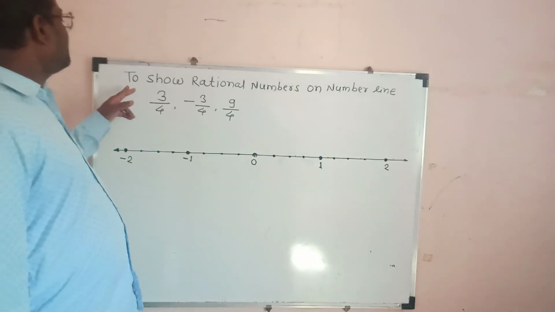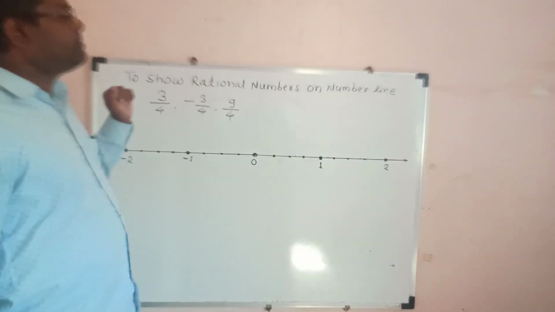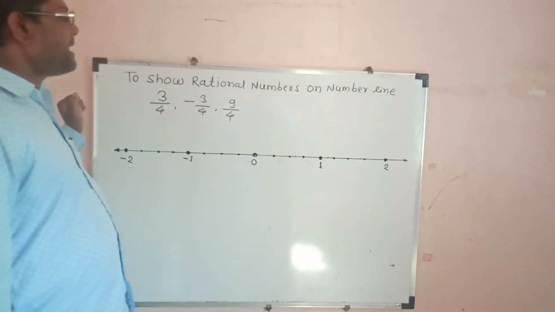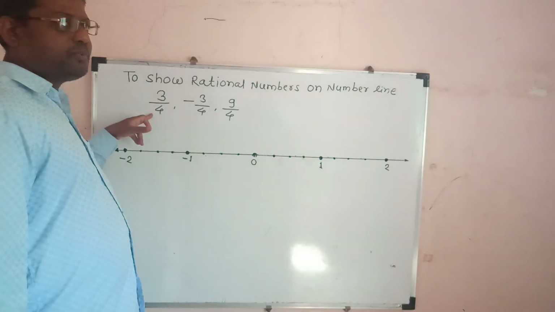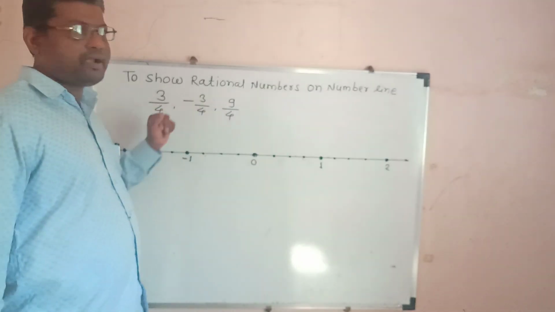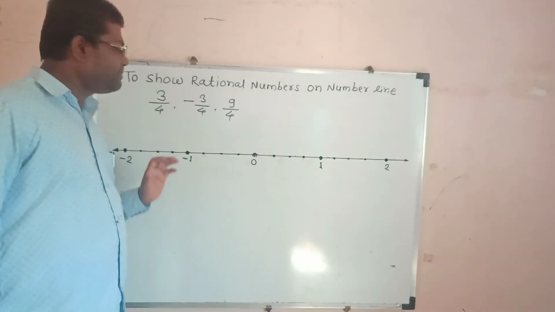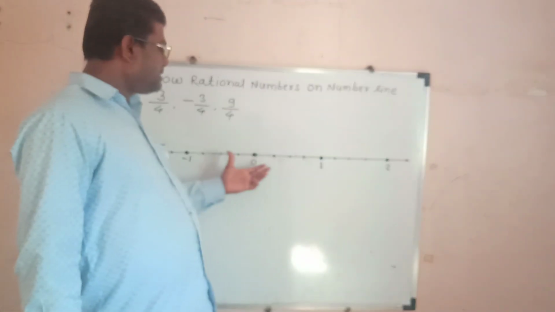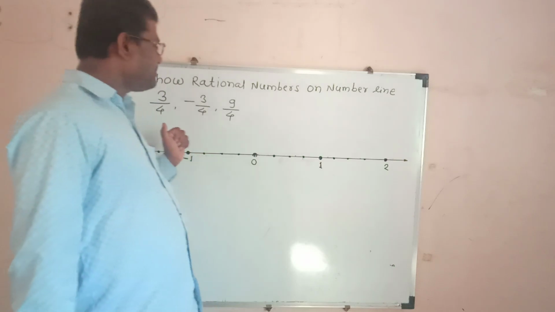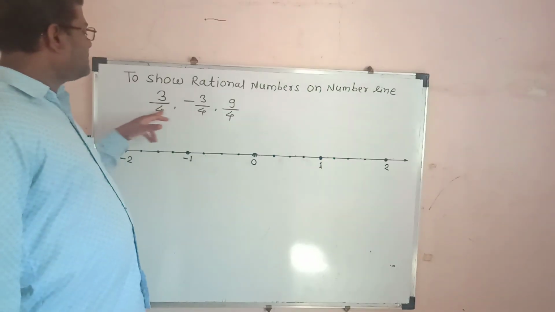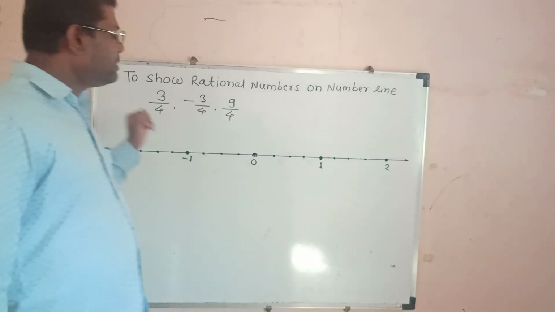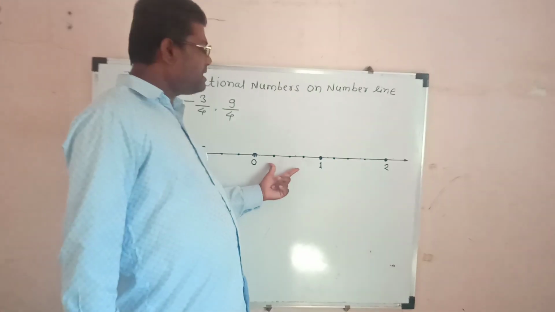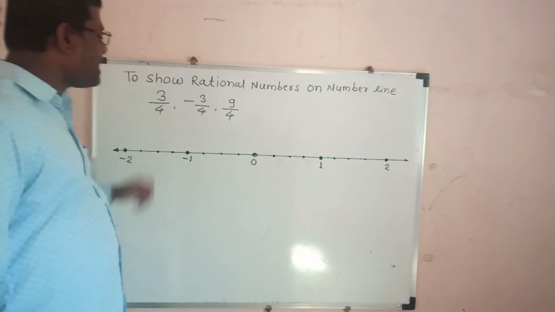Now let us see how to show rational numbers on the number line. We have to show the rational numbers 3 upon 4, minus 3 upon 4 and 9 upon 4 on the number line. Now let us draw the number line at first. In each rational number, the denominator is 4. Therefore, we divide each unit distance in 4 parts.